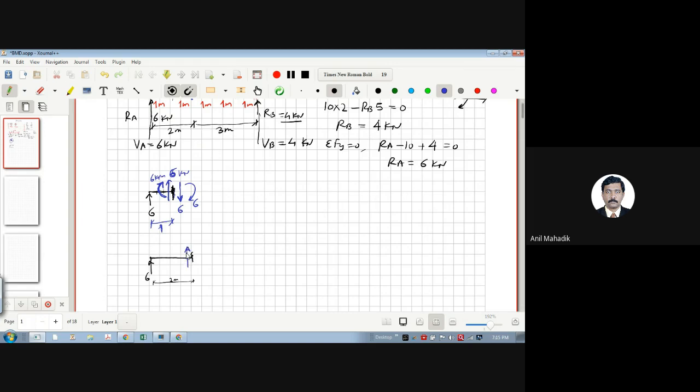And what will be the moment? 6 into 2, 12 kilonewton meter. Yes, so it will be 12. And as I already said, for equilibrium it should be equal and opposite. So it is clockwise, then there has to be an anti-clockwise moment. Correct.